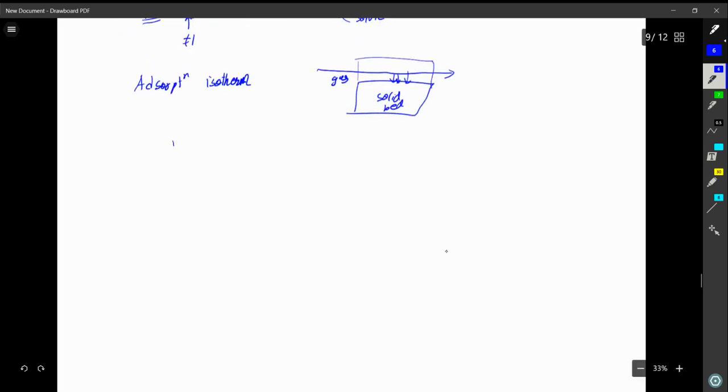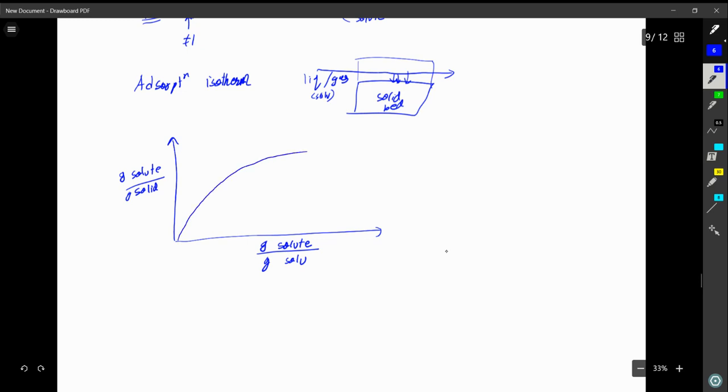So adsorption isotherm means isotherm at a constant temperature. You can draw a graph: gram of solute by gram of solid, on the y-axis, against the solute, which can be gas or liquid in general, by gram of solvent. So basically you draw a graph, it starts, and then attains some constant value.